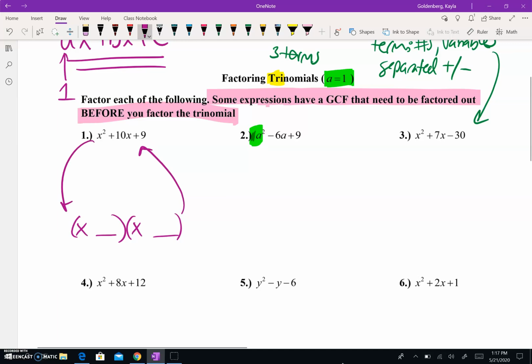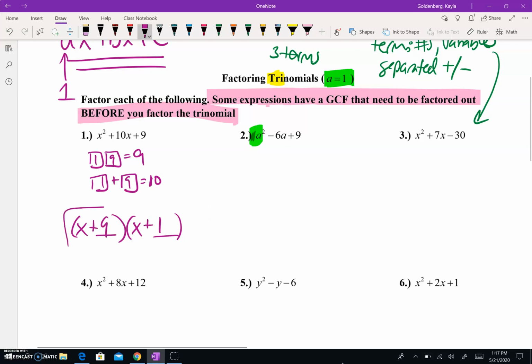They undo each other. So your question for yourself is what multiplies, so you've probably seen this before, to be 9, but what adds to be 10? And you're probably thinking, okay, well, 1 times 9 is 9, but 1 plus 9 is 10. You're absolutely correct, and it will be a plus 9 and a plus 1.